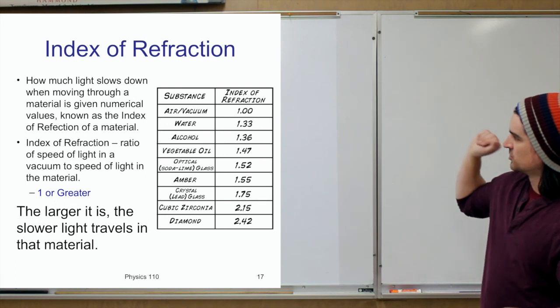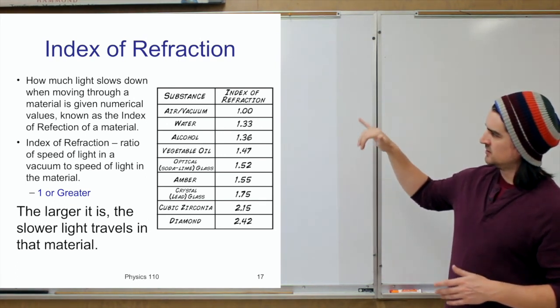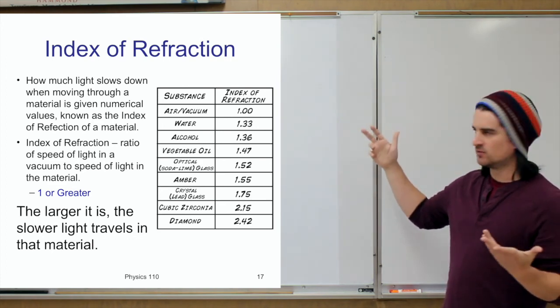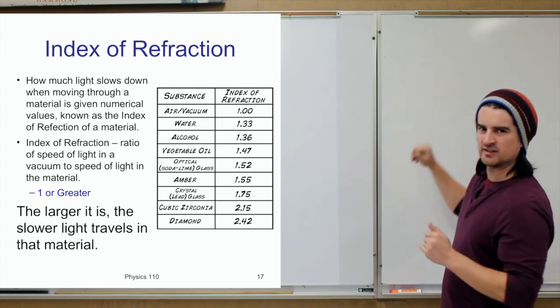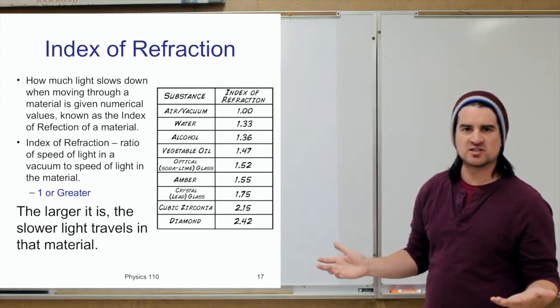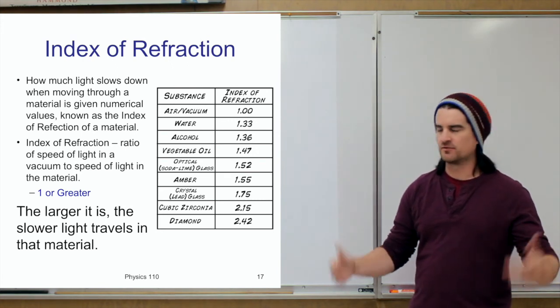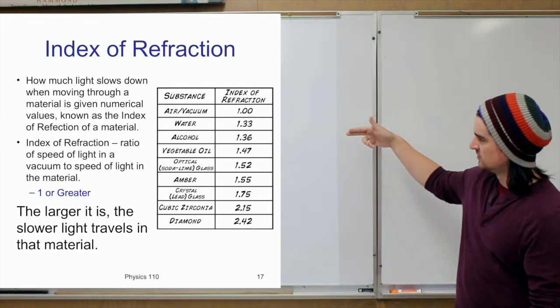So here we just have a little table with some examples. For air, the index of refraction actually is a little bit larger than 1, something like 1.0003. So in air, light essentially moves at the speed it does in a vacuum. It's basically still the speed of light. Whereas in water, it moves a bit slower.